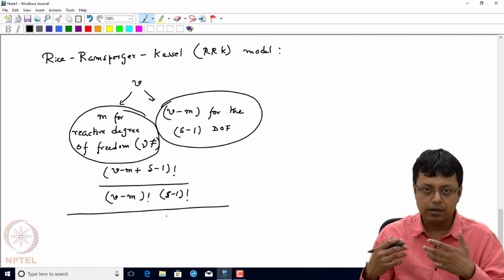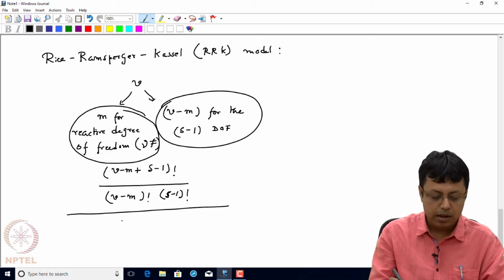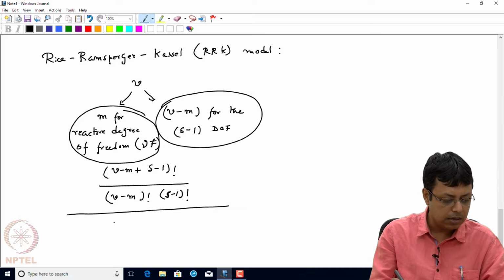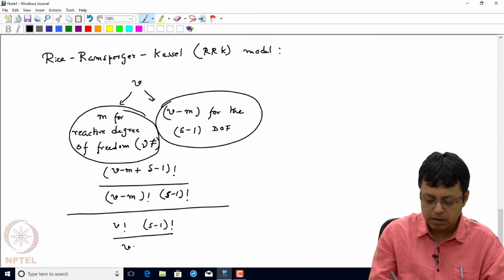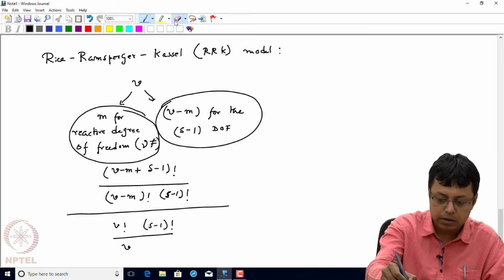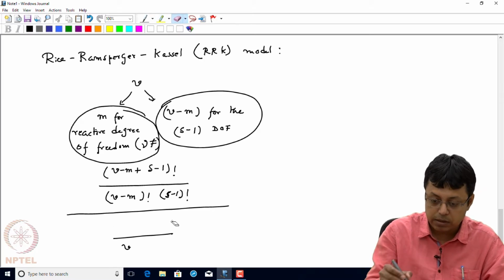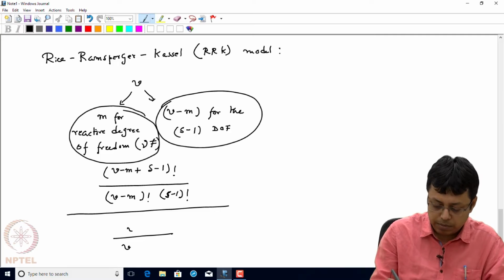And then you have to take the overall probability, which means what is the probability independently that this V quanta is going into S oscillators. That we have already calculated. So it is V plus S minus 1 factorial, over V factorial into S minus 1 factorial.